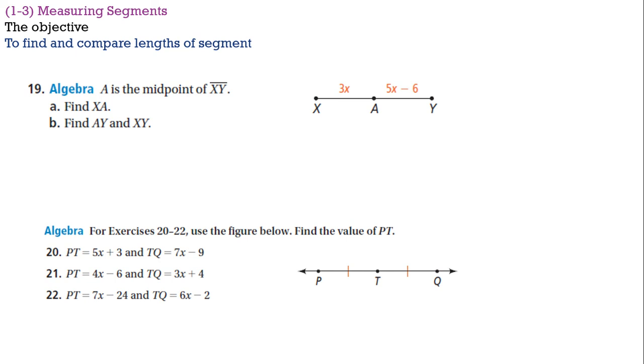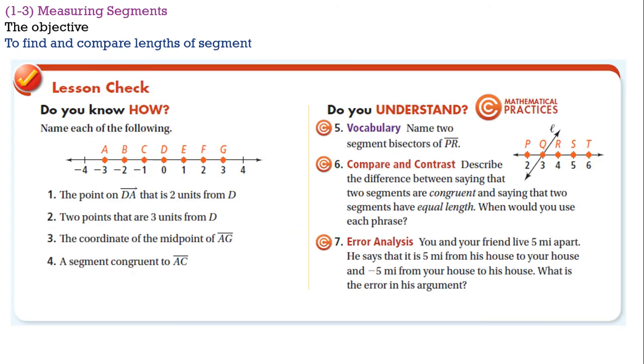Then we learned about the segment addition postulate, which will help you find the length of some segment. Also, we discussed the midpoint, which is in the middle of the segment and divides the segment into congruent segments. And that's what we learned in the lesson. Good luck, girls.